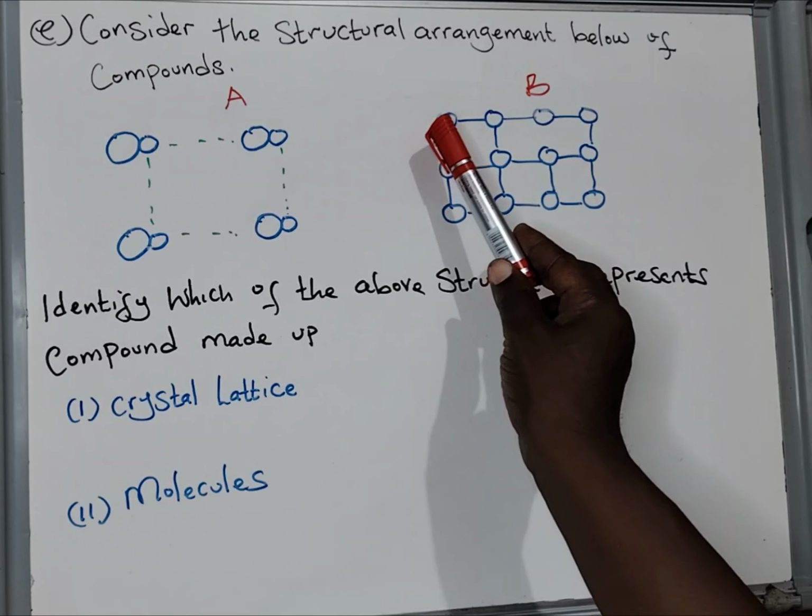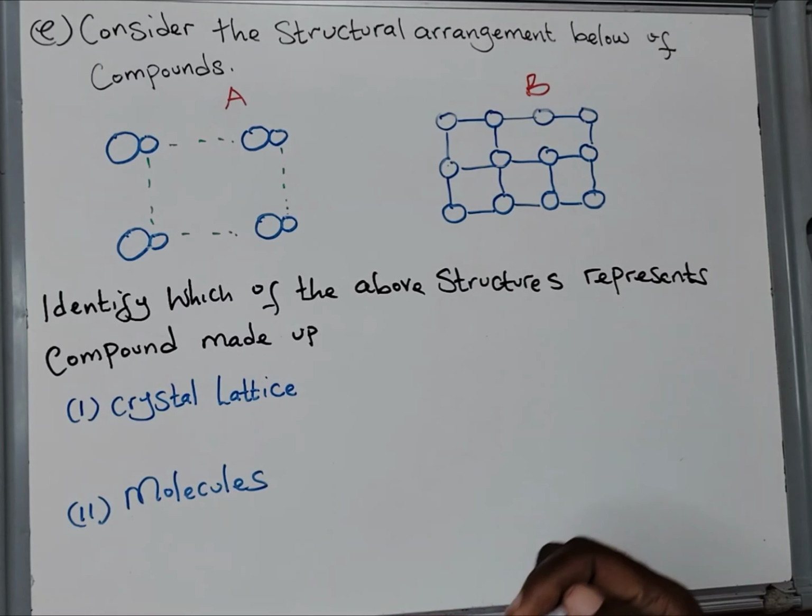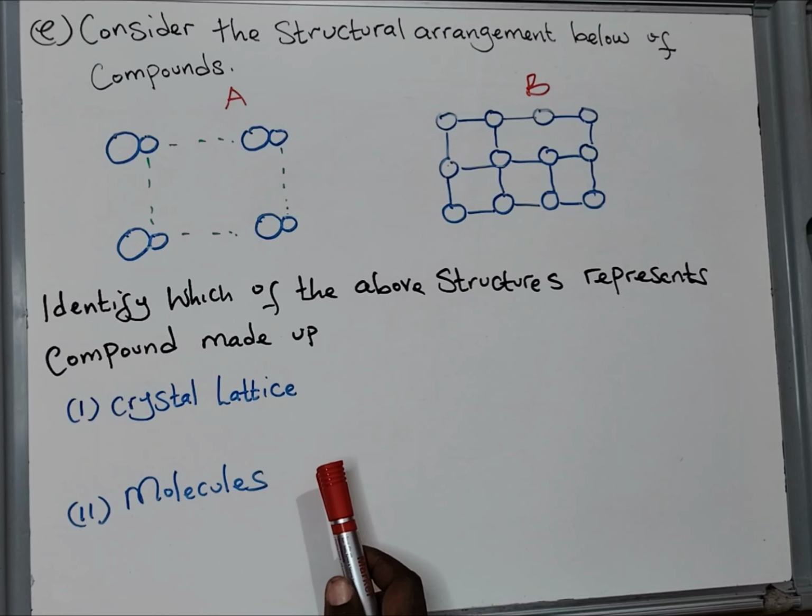It is joined by the same bonding pattern throughout. So the question says, identify which of the above structures represents a compound made up of crystal lattice. The answer is B.